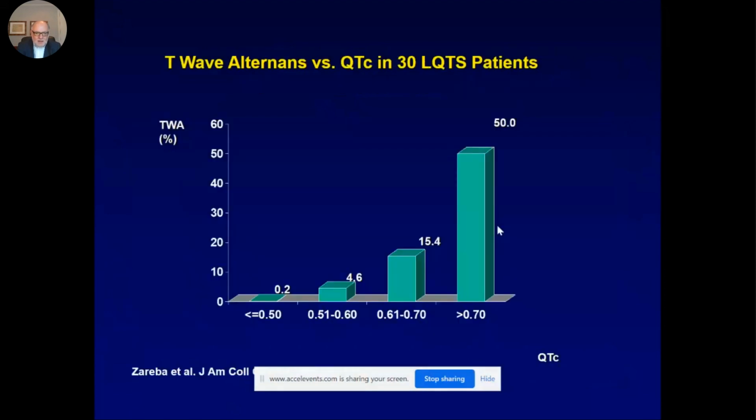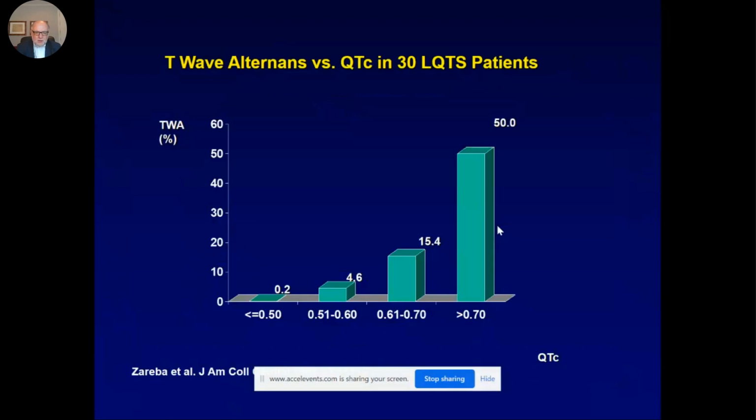And at the same time, we were interested in T-wave alternans which was overt, like the one which we looked at a moment ago, and we identified that yes, it goes along with the longer QT, and that really high likelihood of T-wave alternans happens when you have significantly prolonged QT.